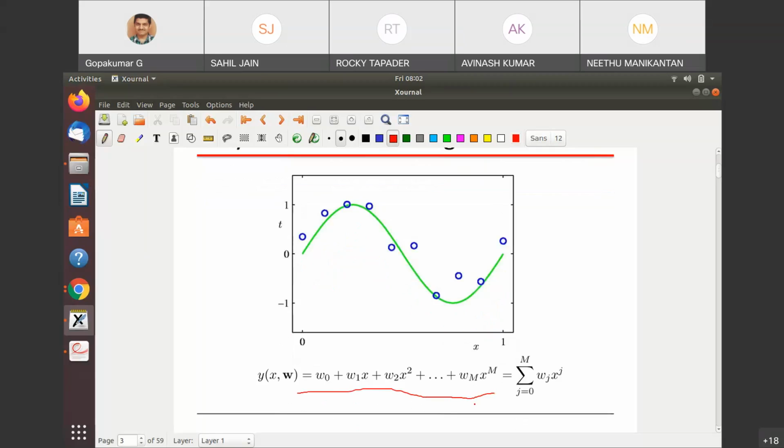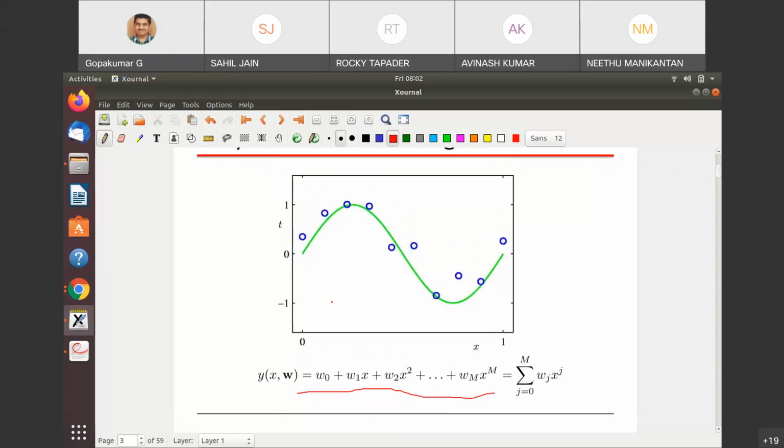Our aim is to fit a polynomial of degree m so that it fits the blue points in the best way, or as close as possible to the original function, the sine 2 pi x function. That is our aim.